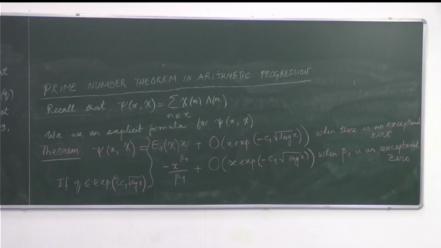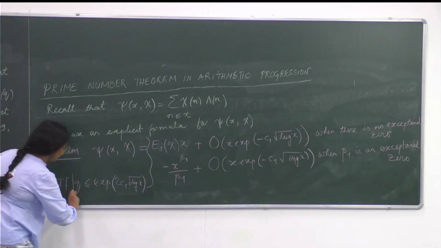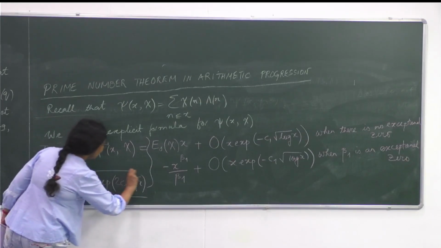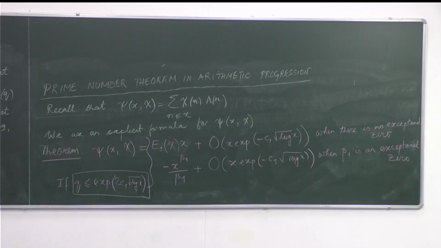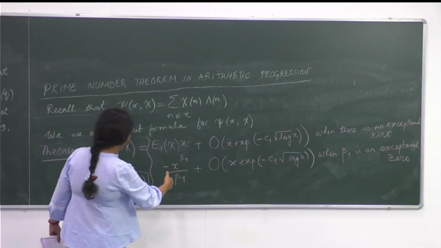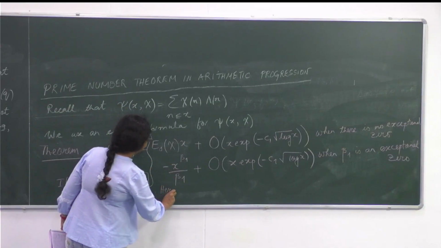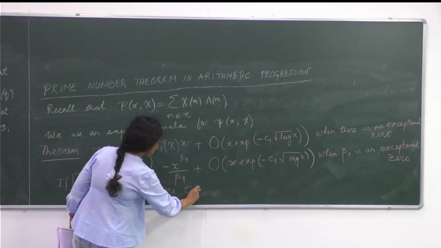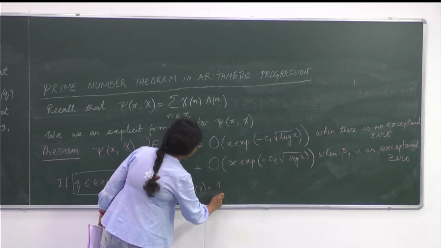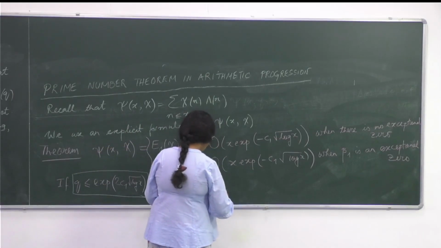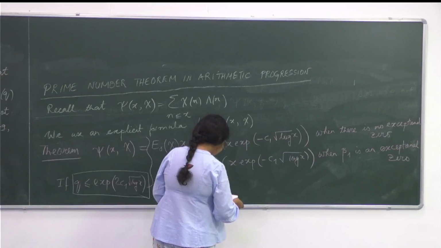It's these bounds that are not good in such results, and these are things that we don't know how to make very good. One more thing I should say: E0 chi is either 1 or 0, depending on whether chi is equal to chi 0 or not.